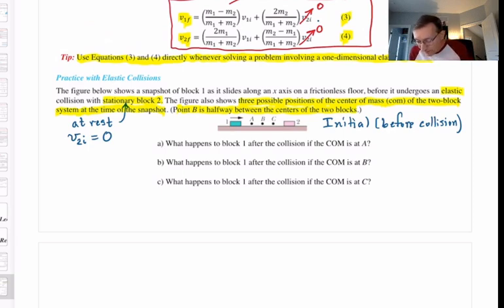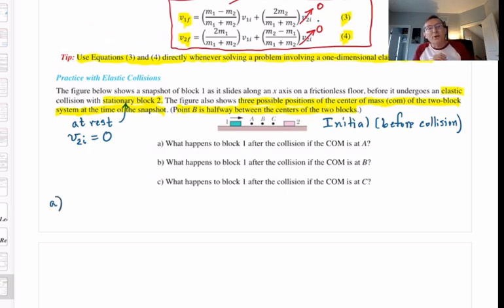Question A. What happens to block 1 after the collision if the center of mass is at point A in our snapshot? This is one of those where sometimes people go, I'm not even sure what I'm supposed to do here. But we're actually being told a good bit of information. Let's think about it.